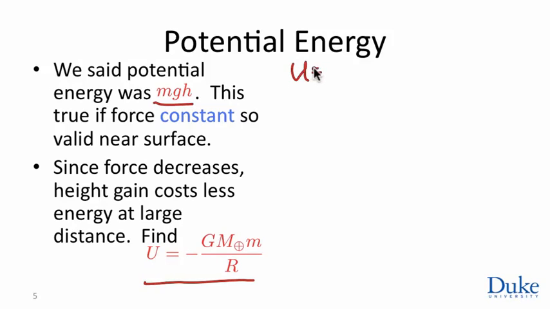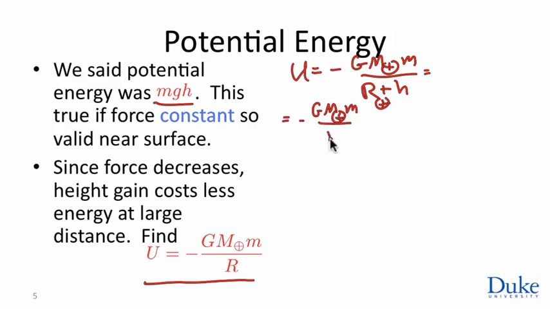So let's write the potential energy using the correct expression at an altitude h above the Earth's surface. So I write, for distance from the Earth's center, r plus h. And as always, I rewrite this by scaling it to a known quantity, and that would be this one. This is your potential energy on the surface of Earth. And then I need to write this dimensionless quantity, which gives me the scaling.